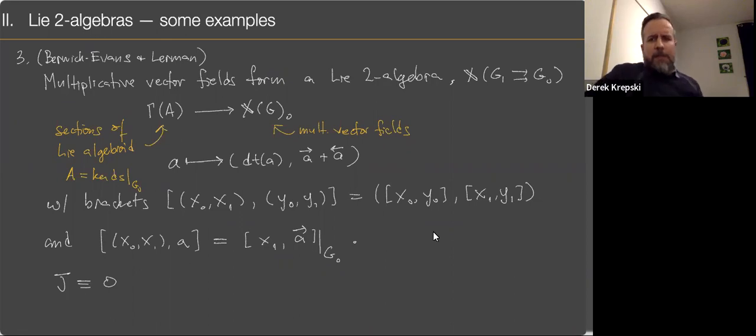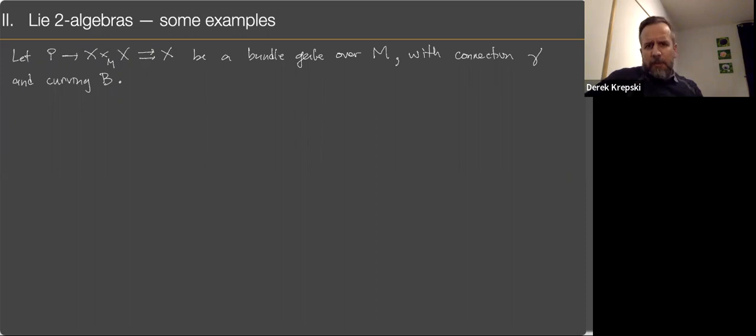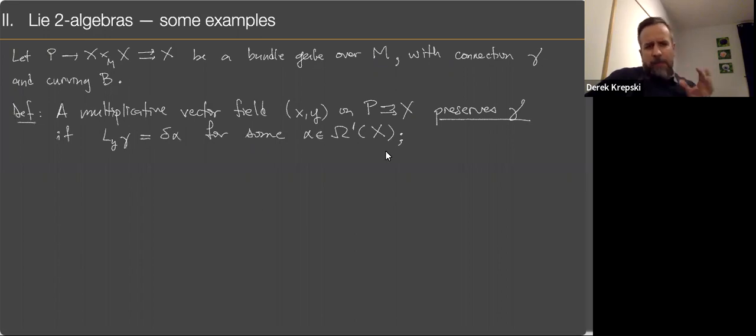All right, so one more example of Lie 2 algebras to show you. It's a sub-example of this one. As you know, we had started talking about bundle gerbes, which were ultimately some groupoid over X. If we start with a bundle gerbe here with connection and curving, we can of course just define a Lie 2 algebra of multiplicative vector fields on P. But what we'd like to do is look at those multiplicative vector fields that preserve the connection and preserve the curving.